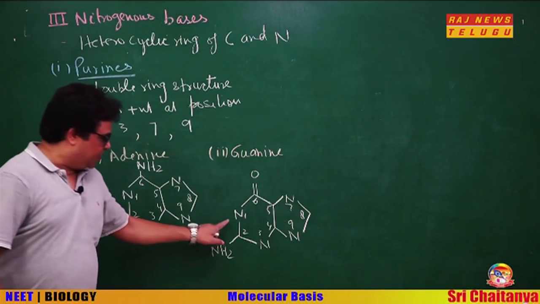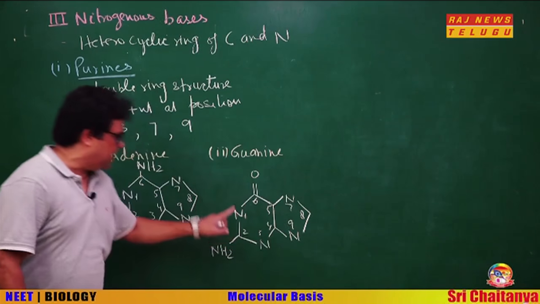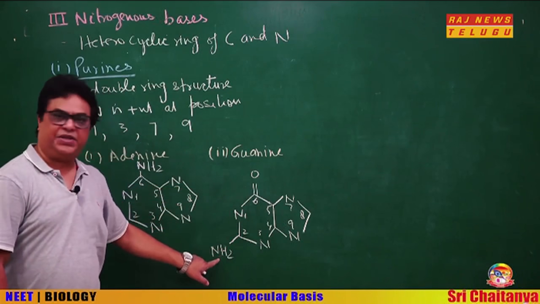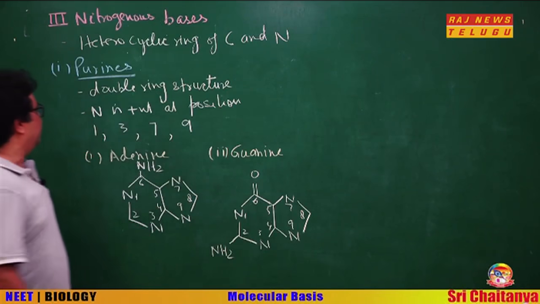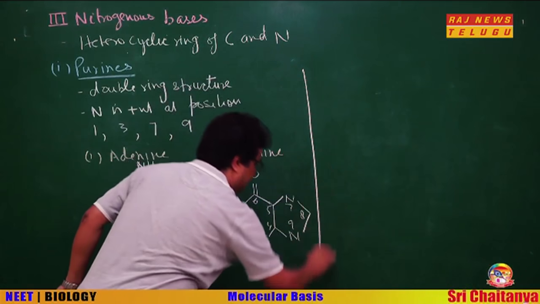So you can see at position 1, 3, 7 and 9 nitrogen, at 6 position oxo, and at position 2 there is amino. So these are the two types of purines.